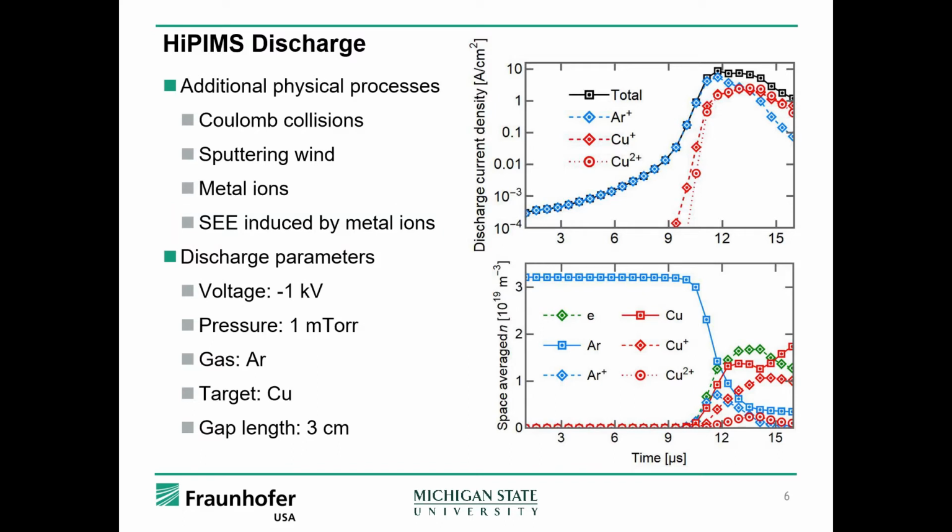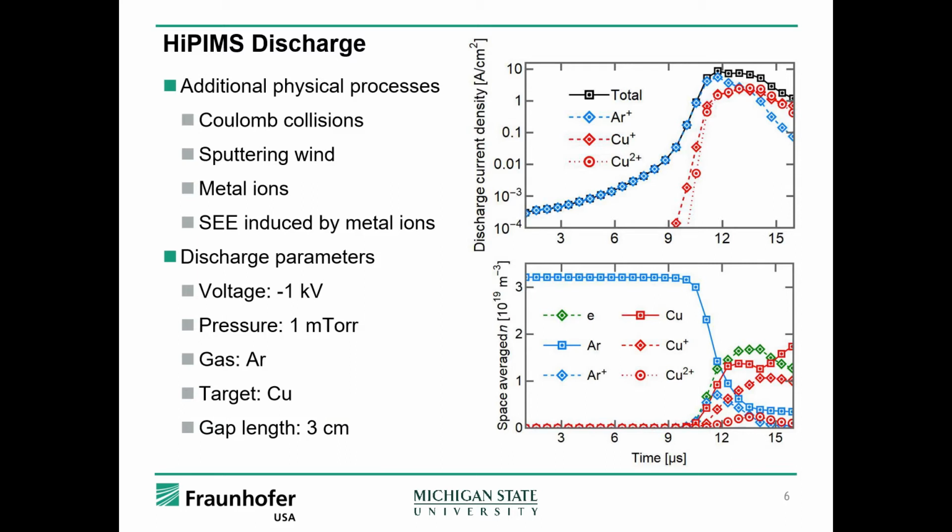Here we present a one-dimensional simulation considering all the above-mentioned processes. The discharge parameters are as follows: a discharge voltage of -1 kV, a working pressure of 1 millitorr. The working gas is argon. The target is copper. The gap length is 3 cm.